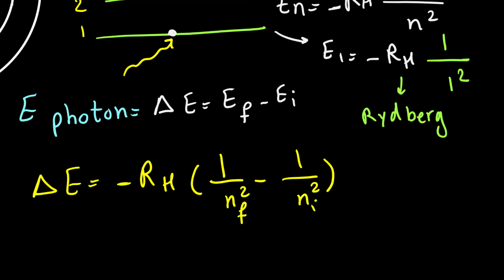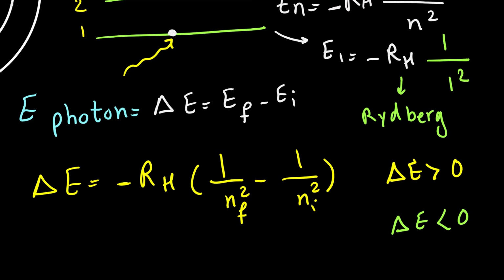If we have absorption, delta E is always positive. And if we have emission, delta E should be negative.